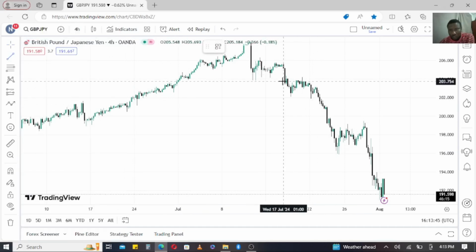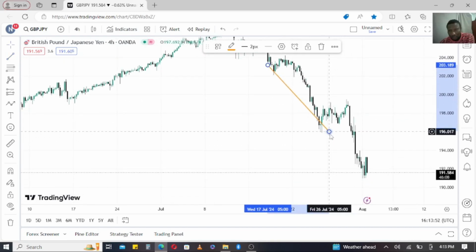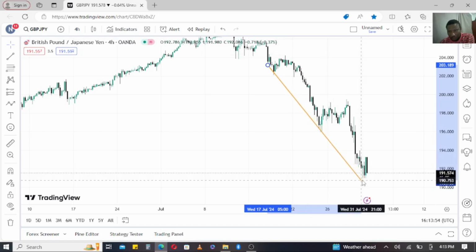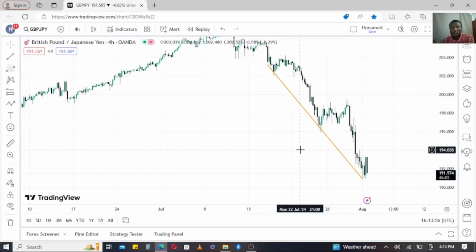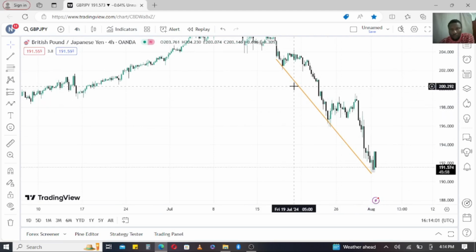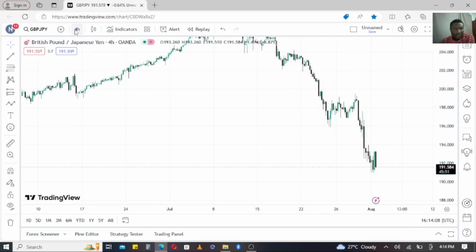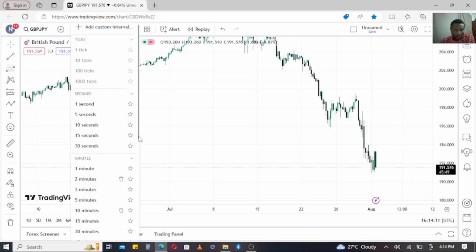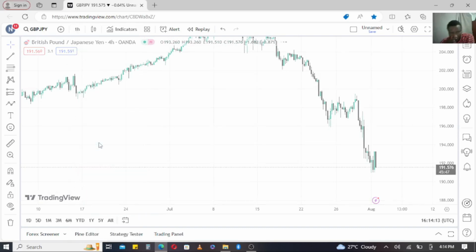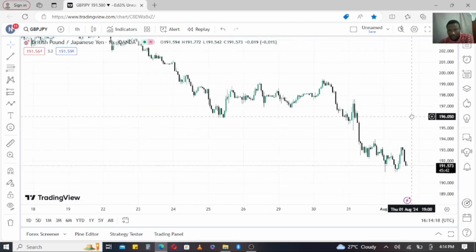So when we take a trend line and draw it, we can see that the market is in a downtrend. All right, so let's go to the 1-hour time frame to see what the market is telling us here, and whether it is in line with what the 4-hour time frame tells us. So in the 1-hour time frame, we are seeing this.